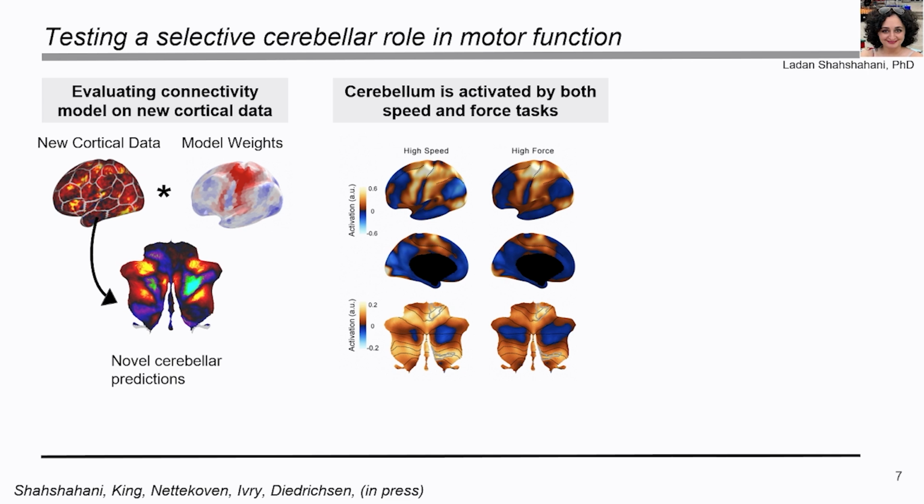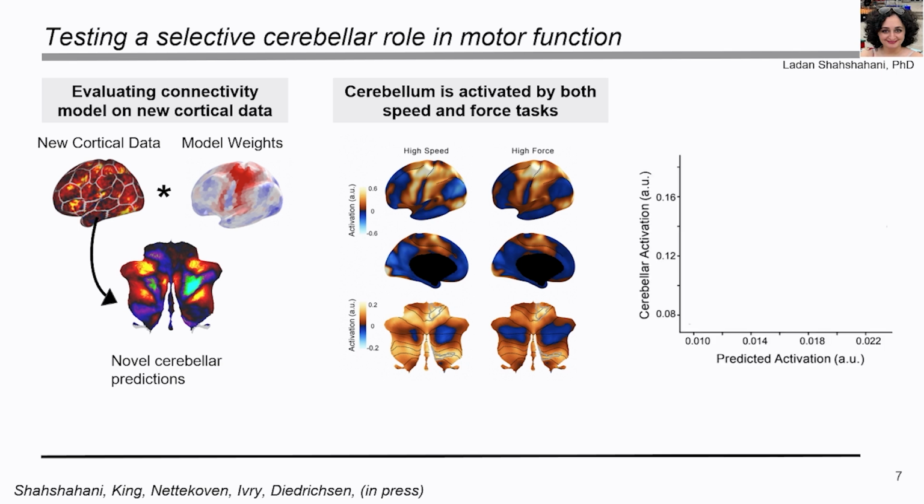Now she was able to take this model and evaluate these cortical data to determine whether the cerebellum had a selective role in either one of these different tasks. And again, what I'm plotting here on the x-axis is the predicted activation, so how well the model predicted these cerebellar activity patterns, and on the y-axis is the observed cerebellar activation data.